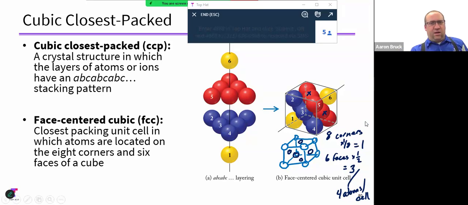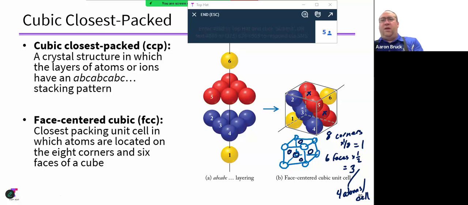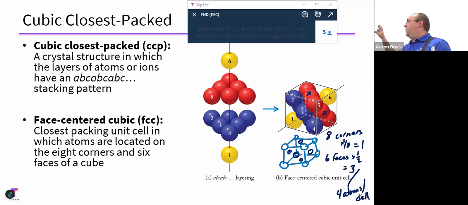And let's call it a day here. So tomorrow's plan is, after the exam, we're going to talk about some of the calculations and how to do some common kinds of figuring out based on these kinds of arrangements.